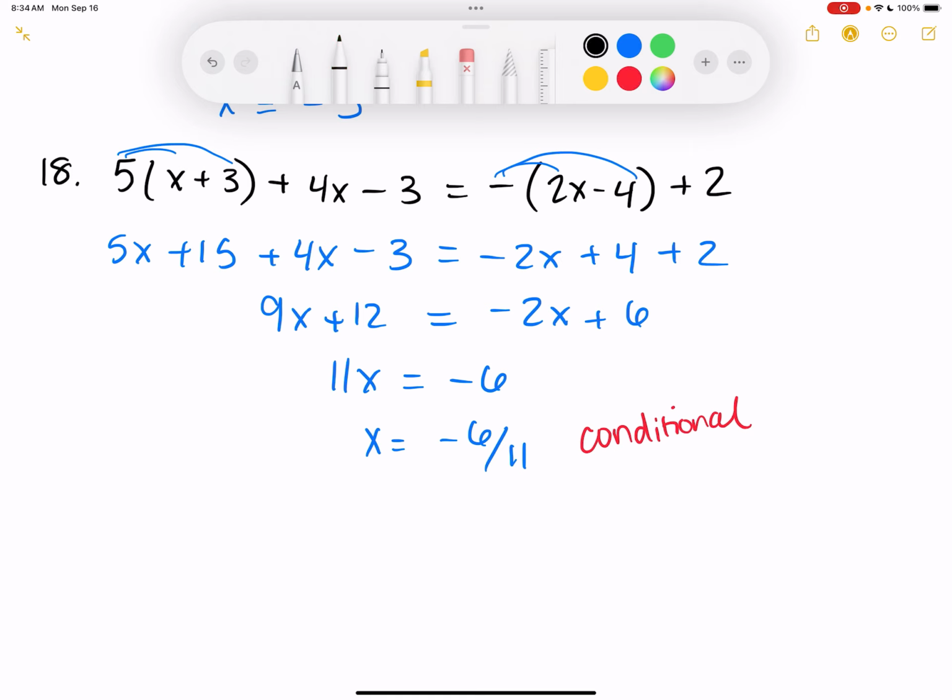So 32, I have 1/2 times 6x plus 20 equals x plus 4 plus 2 times x plus 3.